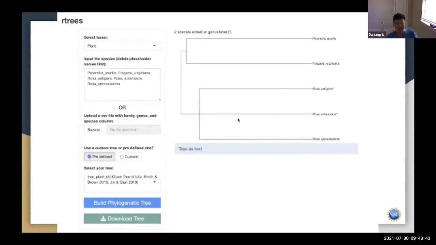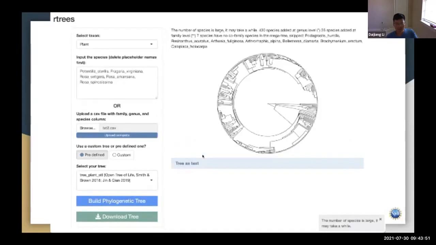We also added a function to observe the tree in the form of text instruction, aka code. Here we see a much larger tree with hundreds of species of plants, which is of course generated reading a CSV file. A file of such size would typically take up to 1.5 minutes to finish building.